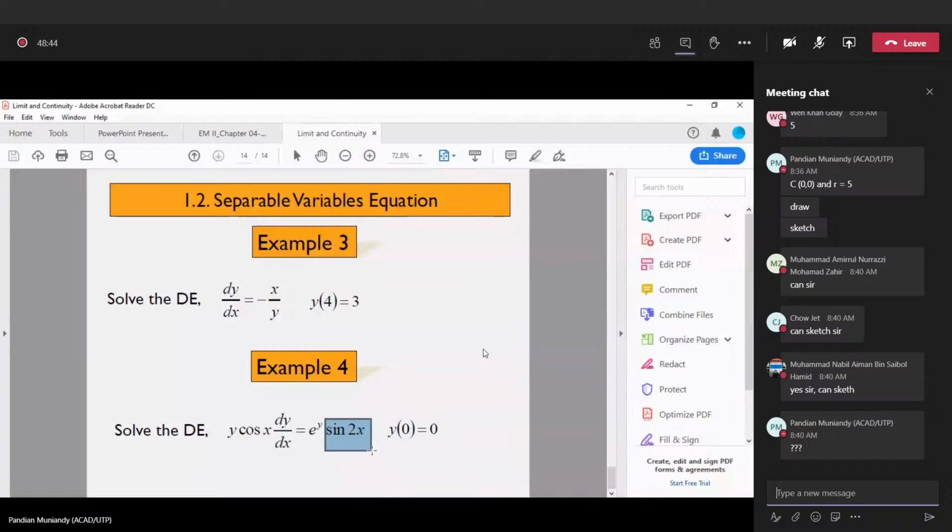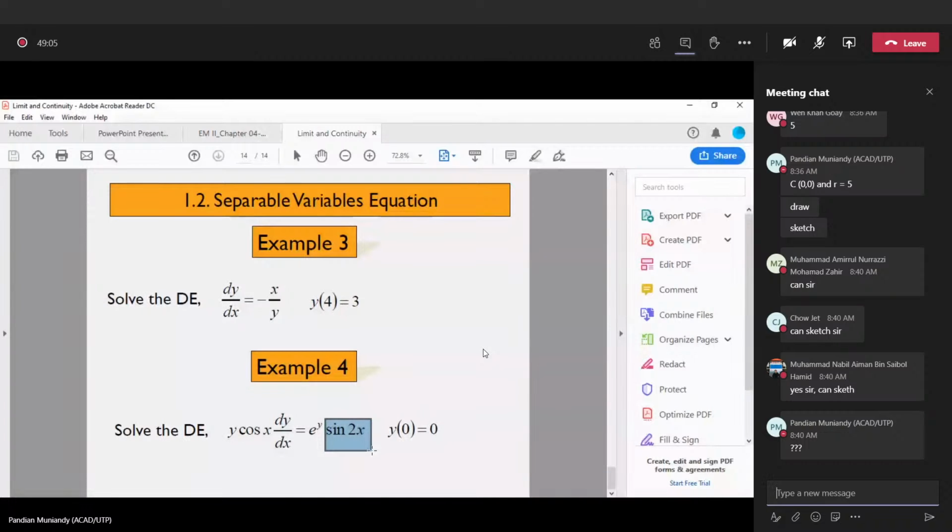Now the left-hand side, y divided by e^y, you write as y e^(-y) dy equals 2 sin x dx. Because on the left-hand side, you must write y e^(-y) dy.